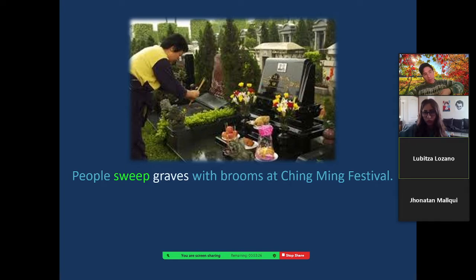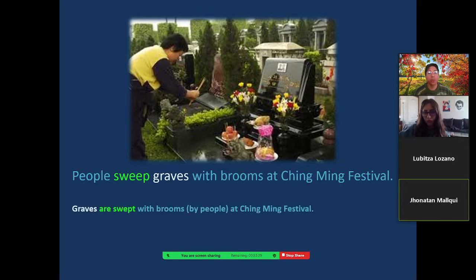Mop and sweep. And that form is in the present simple. You say grapes are swept. Sweep, past swept, past participle swept. Grapes are swept with brooms by people, of course.